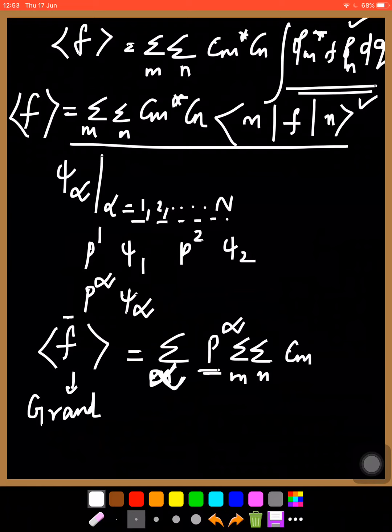In general, this will be like cm star alpha cn alpha f m n. This same value is the expectation of f; it must be multiplied by the probability of each state.